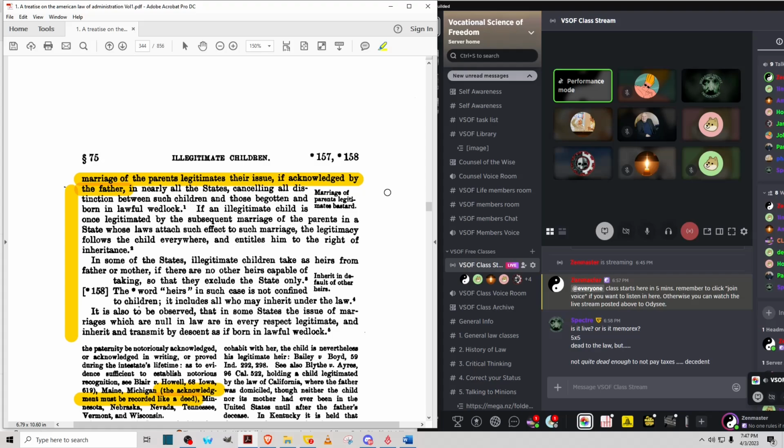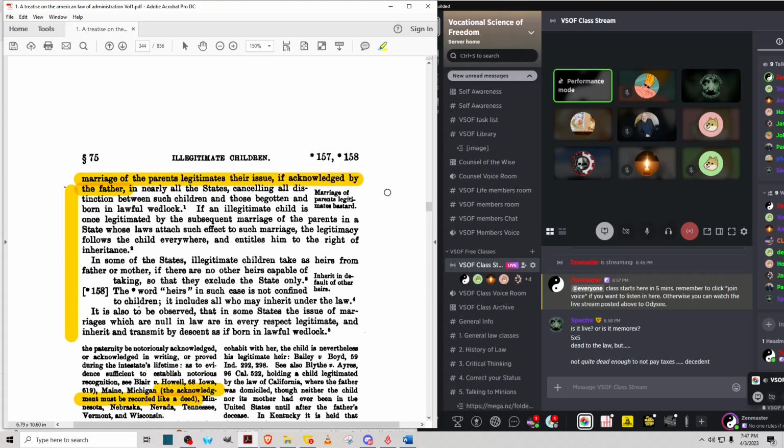If an illegitimate child is once legitimized by the subsequent marriage of the parents in a state whose laws attach such effect to such marriage, the legitimacy follows the child everywhere and entitles him to the right of inheritance. In some of the states, illegitimate children take as heirs from father or mother as if there are no heirs capable of taking, so that they exclude the state only.